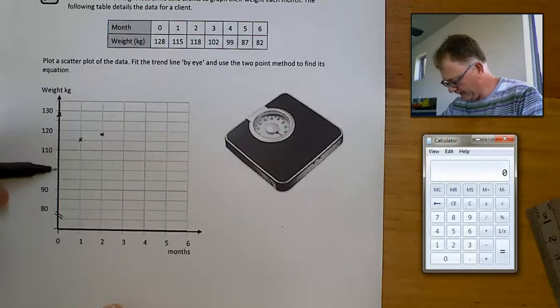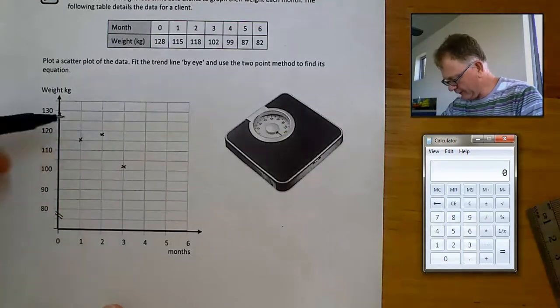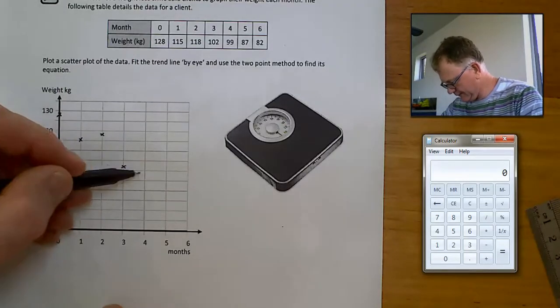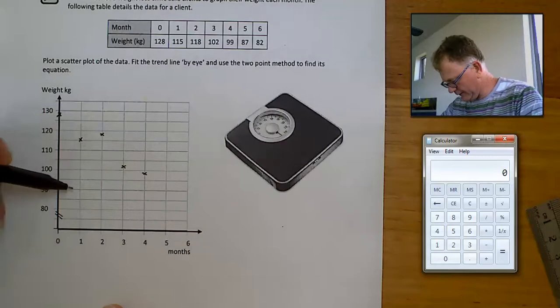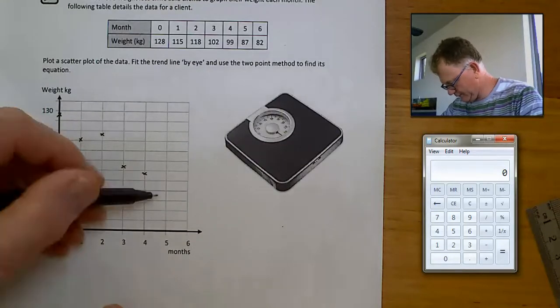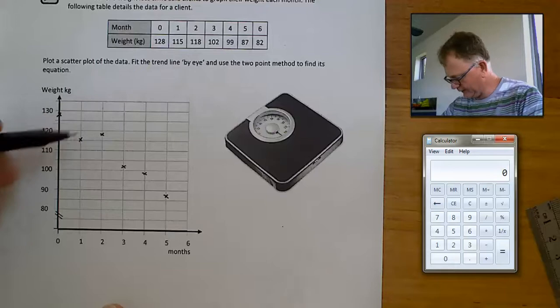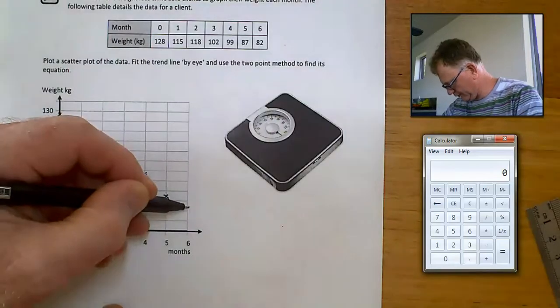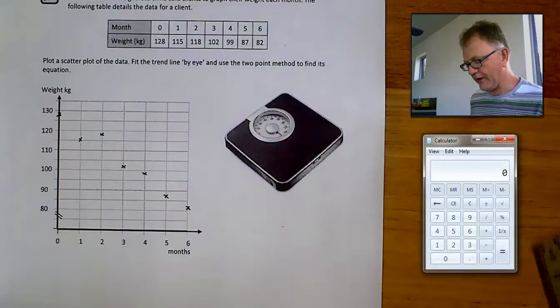After 3 months, 102. 4 months, 99. 5 was 87. And 6 was 82. Well, that's done what we call a scatter plot.